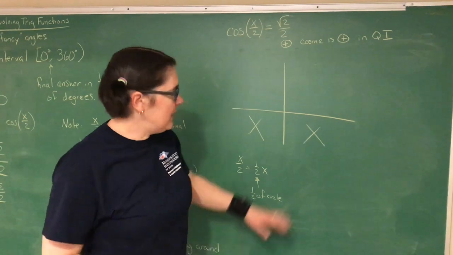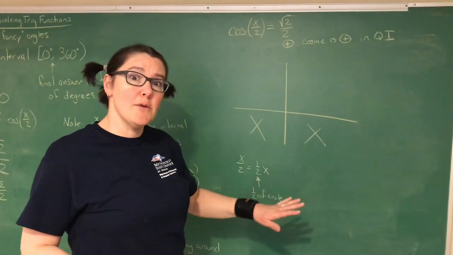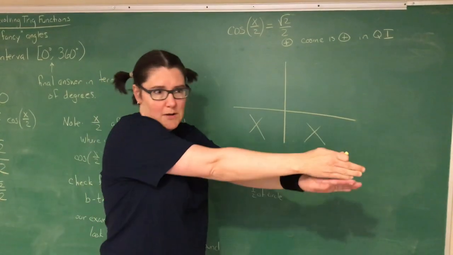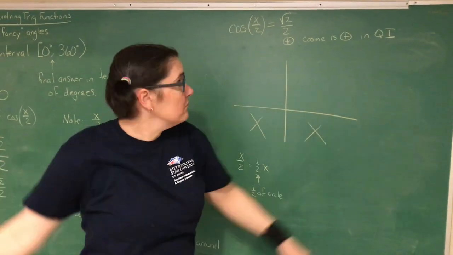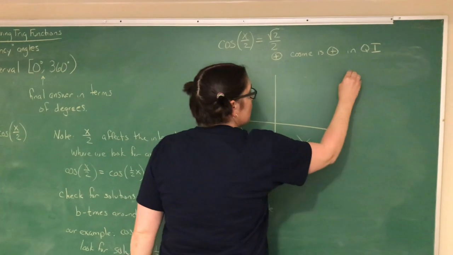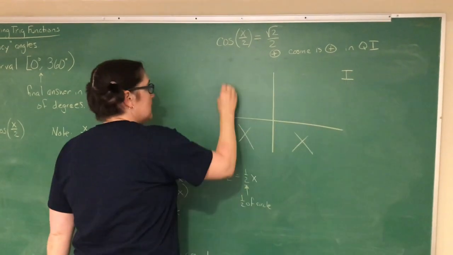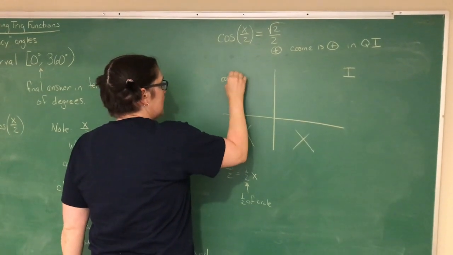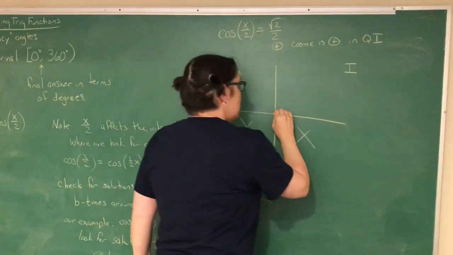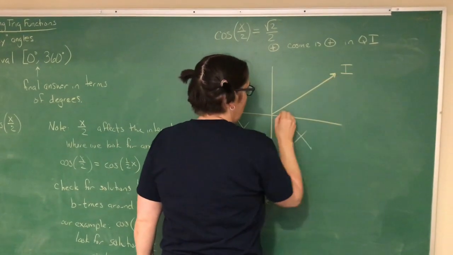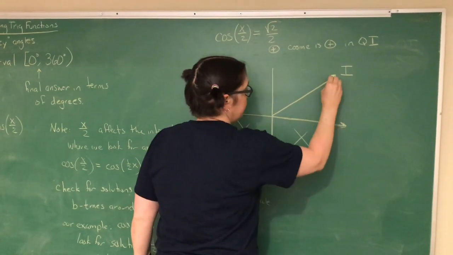Cosine is also positive in quadrant 4, but I don't care about quadrant 4 because we only care about angles from 0 to 180 degrees. So we are looking for an angle in quadrant 1. Cosine is negative in quadrant 2, so we're going to ignore that one.